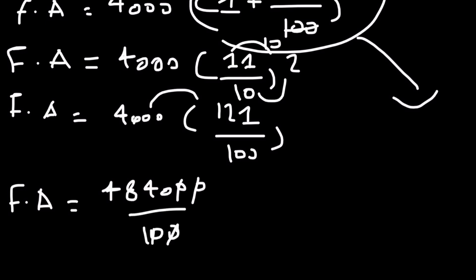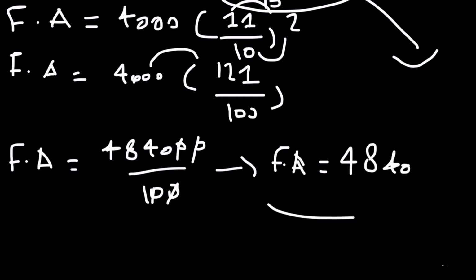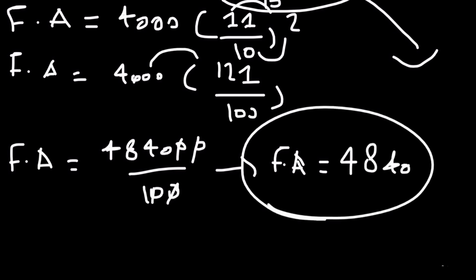And simplifying this, my final amount is equal to 4,840. Okay, everyone, this is my final amount, not my profit. If under the topic of compound interest, a question requires profit from you, here's what you should do.